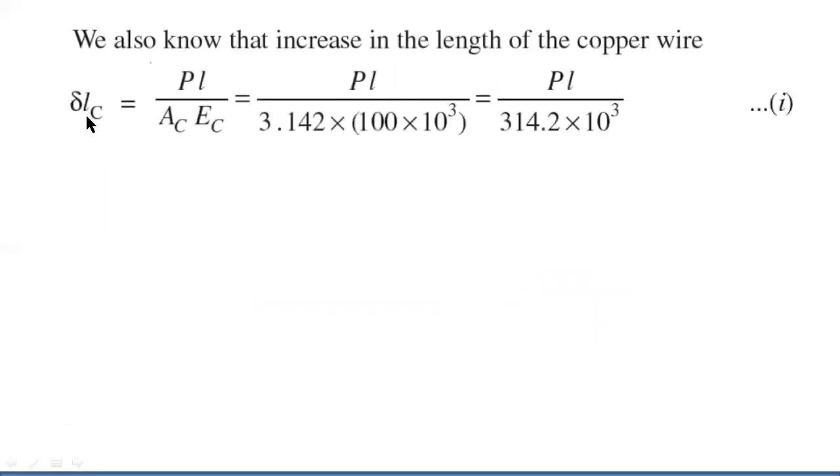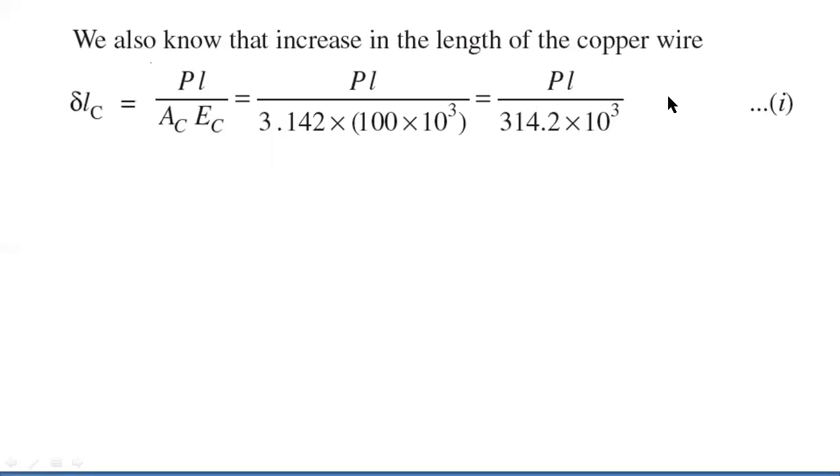So the extension, or change in length, in the copper wire is equal to load into L by area of the copper wire into Young's modulus of the copper wire. Here the load acting on the copper and steel wire is the same and the length is also the same, but these two values are not given, so the equation is also in terms of load and length.